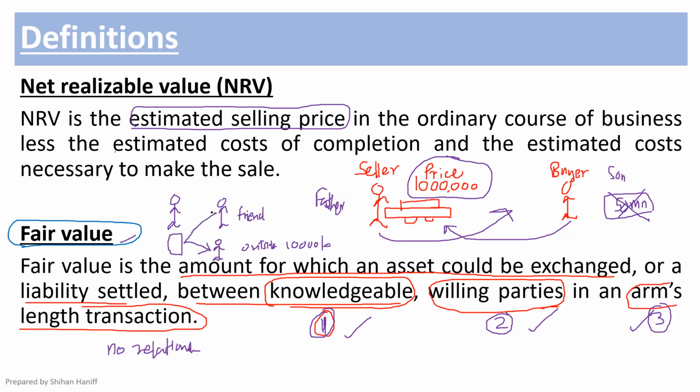But for a friend, you won't sell at 10,000. You will say, okay, you give me 7,000, giving a discount because he or she is a friend. So the friend is close to you, and you will not sell at a normal price. You will give a lower price. So this is not considered fair value. This is fair value. Is it clear?